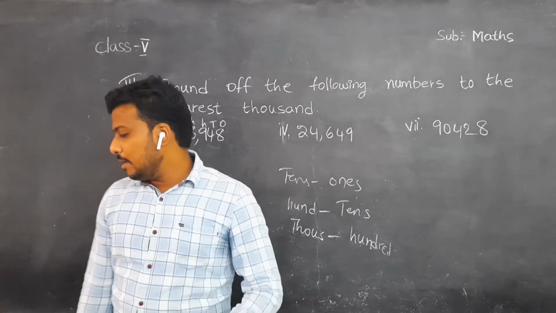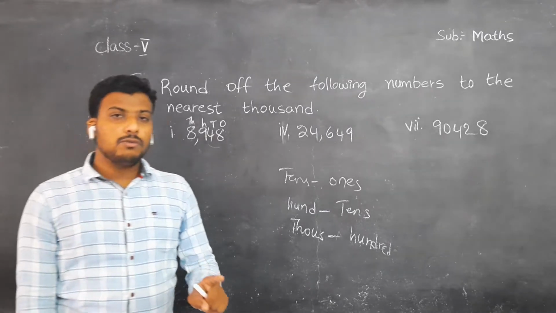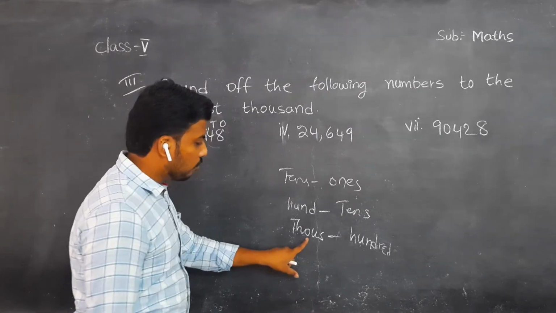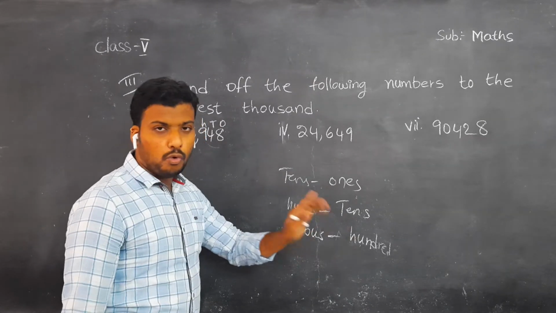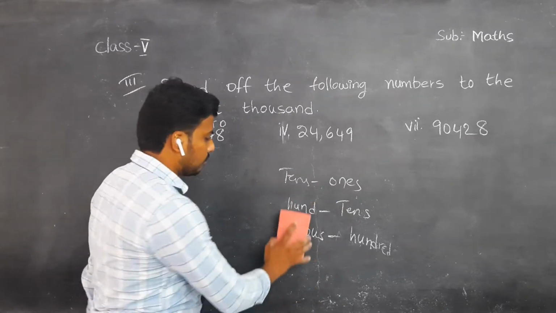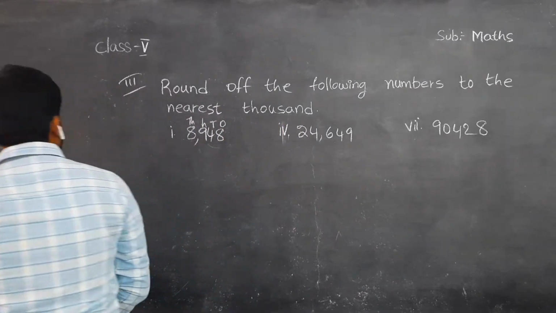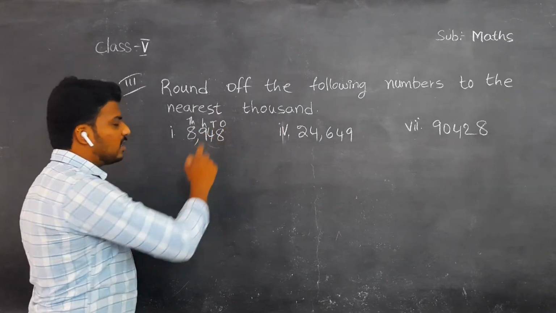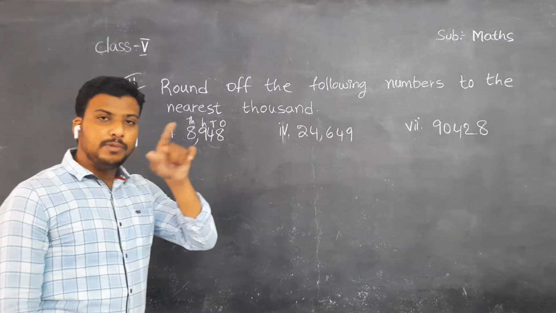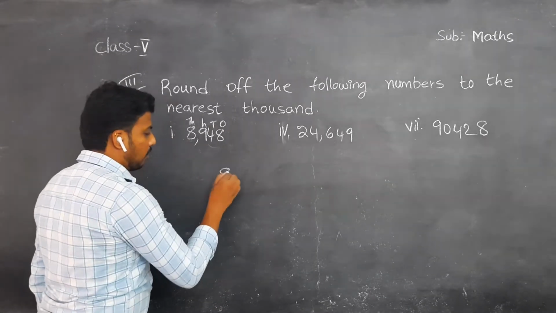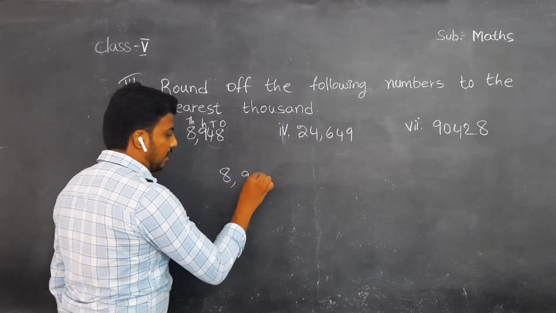So children, right now they asked to round up the following numbers to the nearest thousand. So we have to only concentrate on hundreds. Then what about the remaining numbers? In the remaining ones and tens places, the value should be recorded as 0. So take this number given, 8,948.